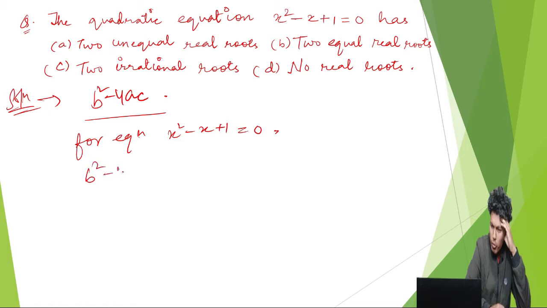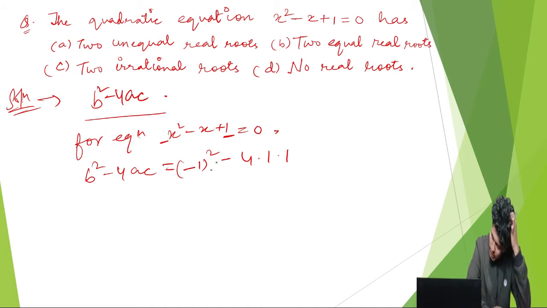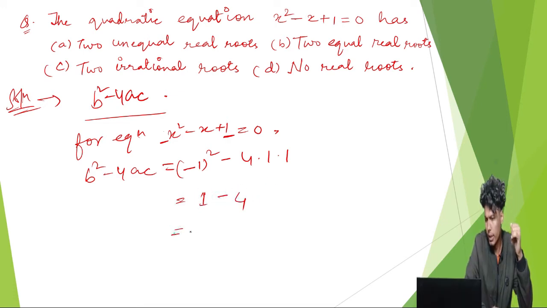b square minus 4ac is equal to b square, where b is negative 1, so negative 1 square, minus 4 times 1 times 1. C is 1 and a is 1. So it is 1 minus 4, which is minus 3.